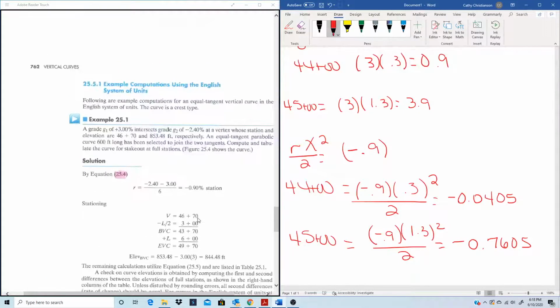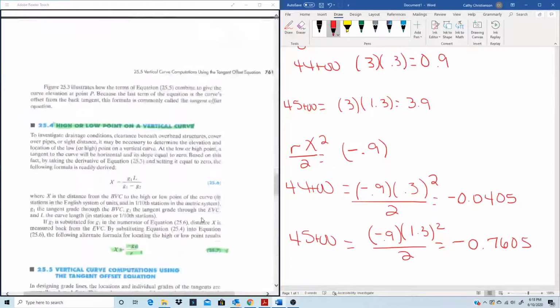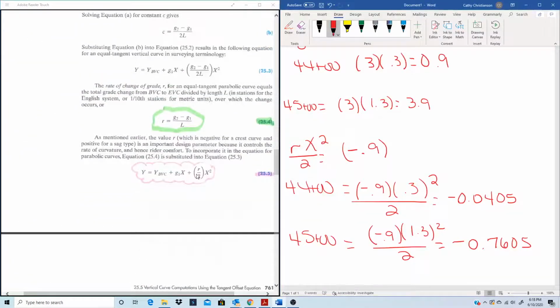Now if I scroll up to the equation right here, 25.5, it says if I want to solve for any elevation on the curve, it's going to be your y, which is your elevation of your beginning vertical curve, plus g1 times x plus rx squared, or I call it rx squared divided by 2, or r over 2 x squared.